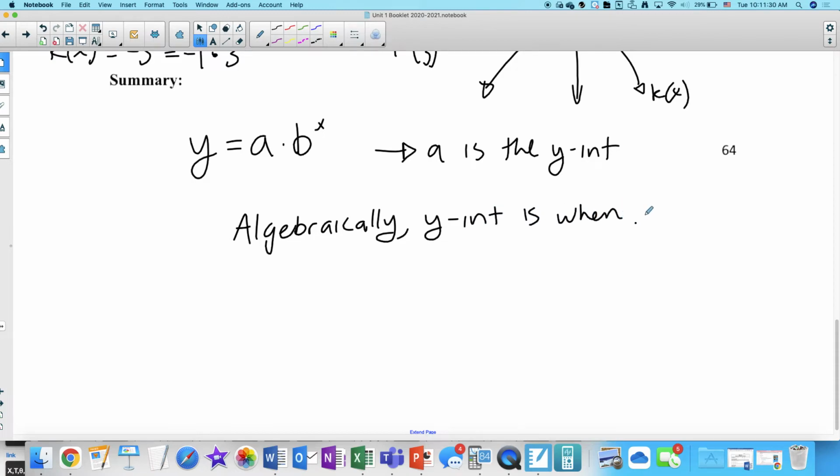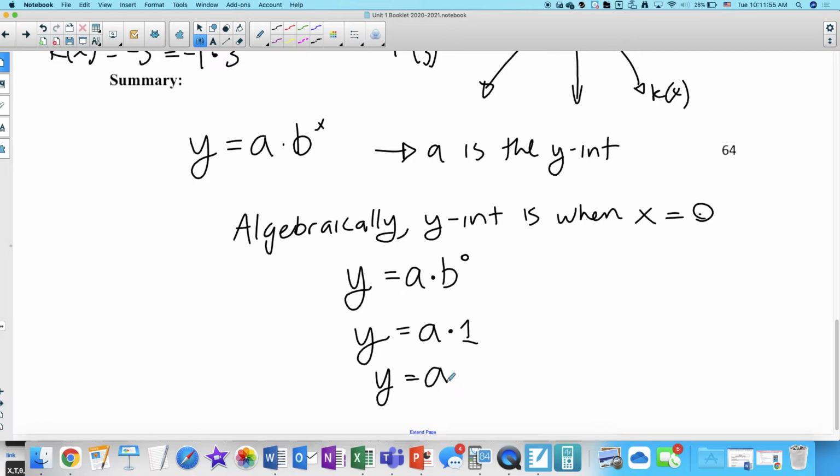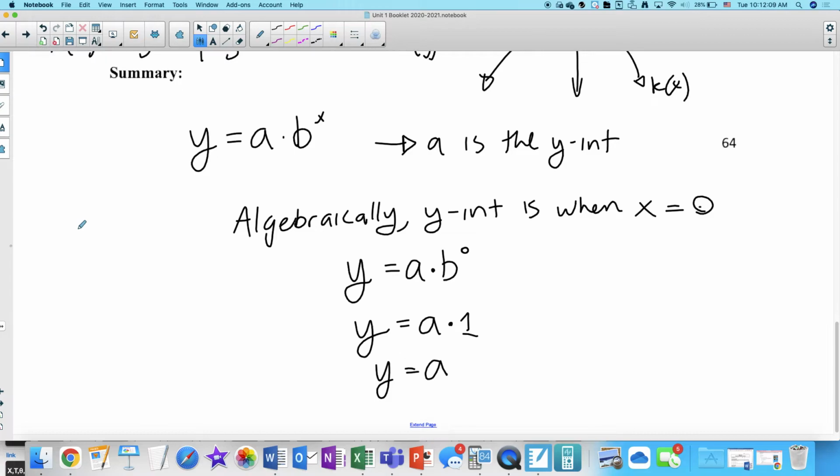So if I take this function and substitute in a 0 for x, b to the 0 is equal to 1. So this becomes y equals a times 1, which is just a.